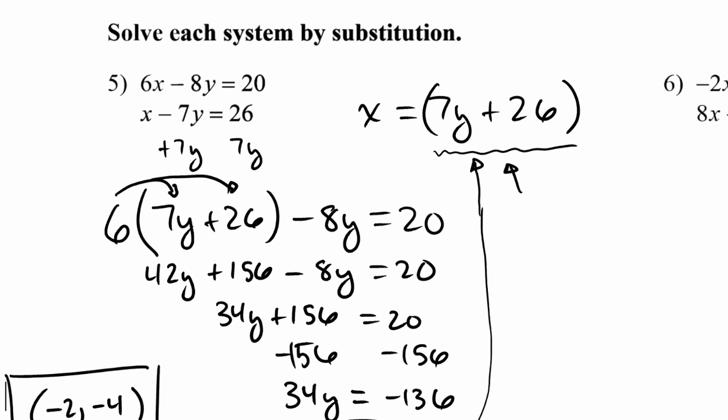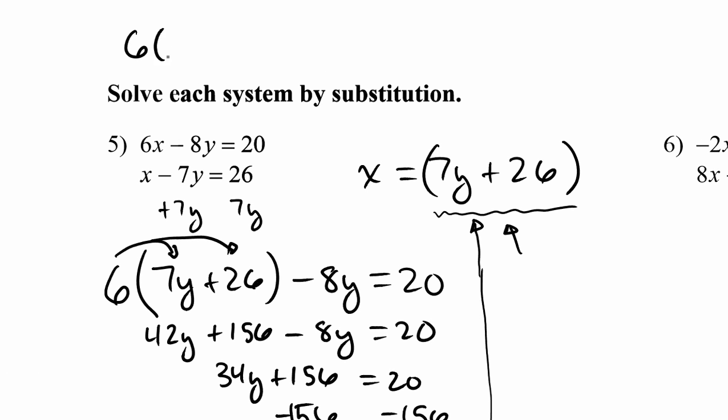So I've got 6 times negative 2, that's 6 times x, minus 8 times negative 4. 6 times negative 2 is negative 12, and 8 times negative 4 is negative 32, and I'm subtracting a negative 32, which means I'm adding 32.